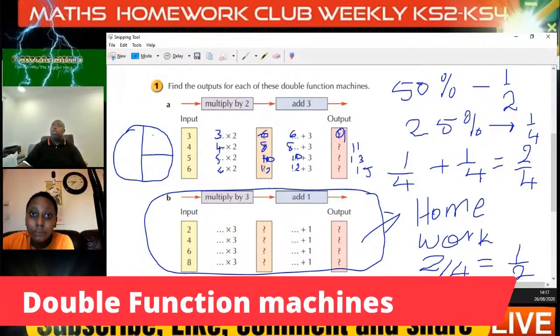A quarter. So 2 quarters equals to a half. So if I want to work out a quarter of something, I half it and half it again. Happy with that? Yes. Beautiful.